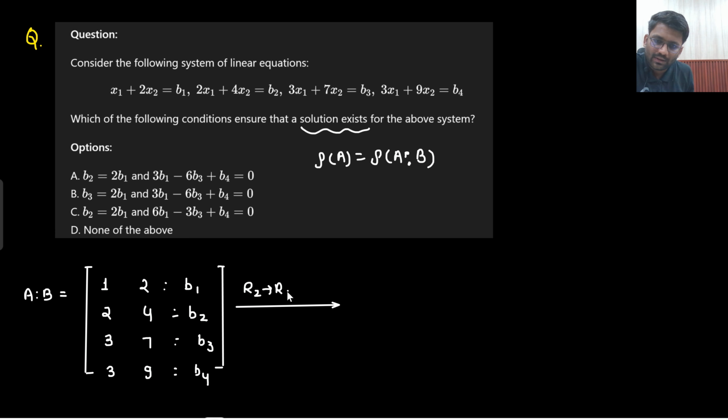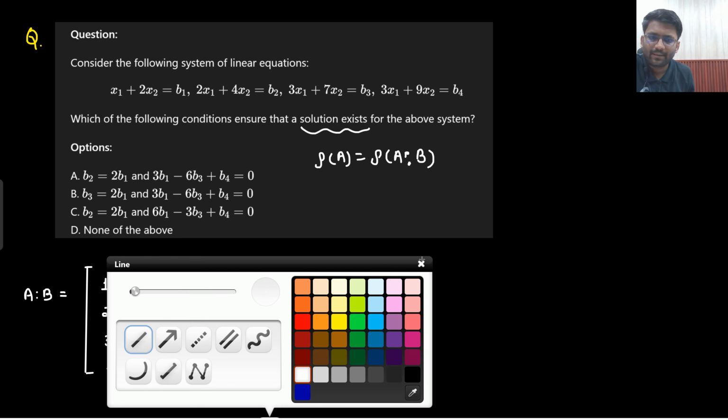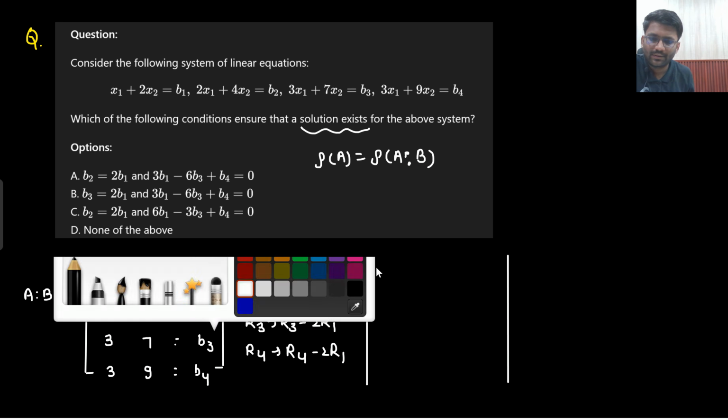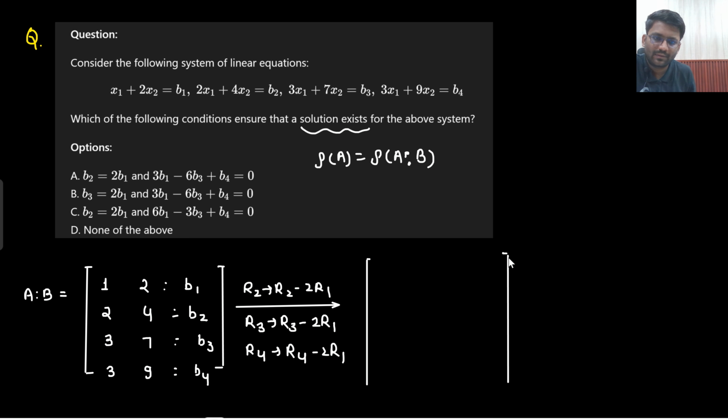R2 is replaced with R2 minus 2R1, R3 will be replaced with R3 minus 2R1 and R4 will be replaced with R4 minus 2R1. Zero zero, B2 minus 2B1.